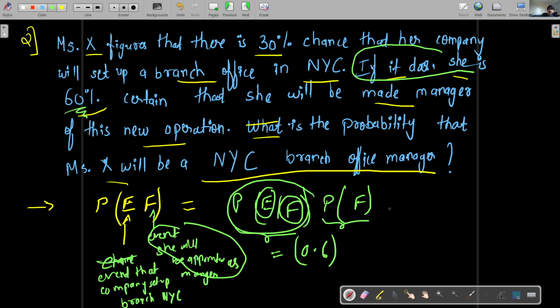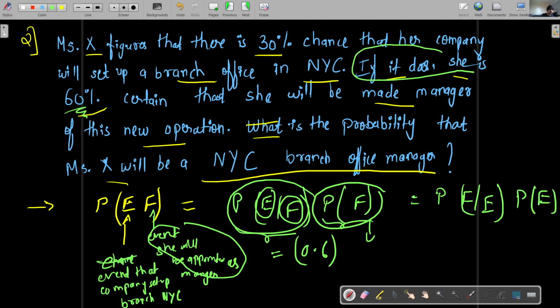Okay, so here we don't have this probability in our question, but can we do something like this: can we interchange E and F here, P of F given E into P of E, because we already know P of E. What is our E? E is that the company will set up a branch in New York, right? This we already know, which is 0.3.